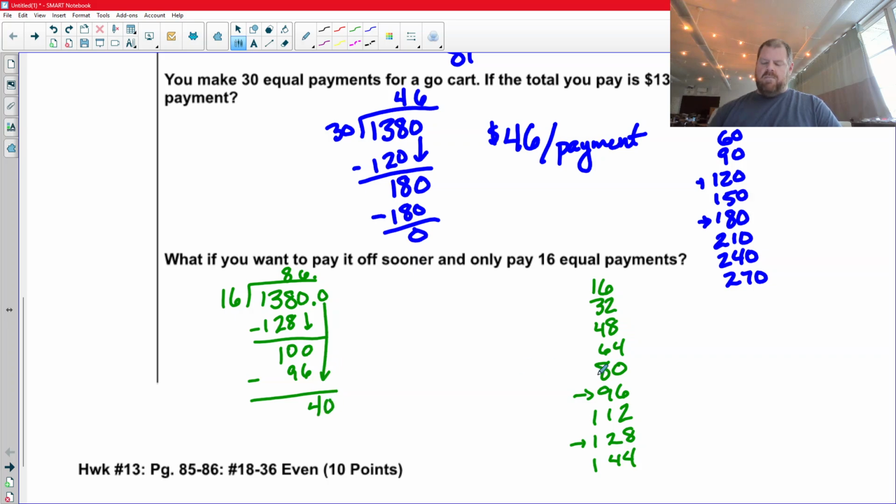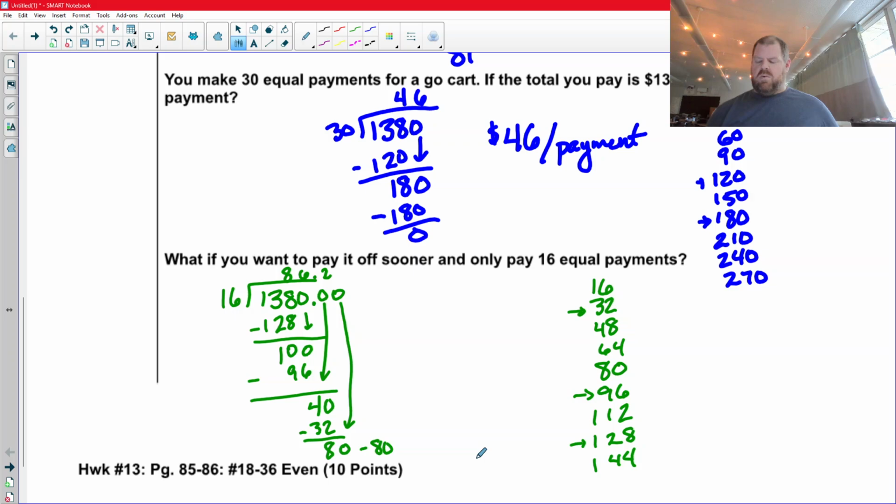Bring that down. Looking for a number smaller than 40. That would be 32. That's the 2nd multiple. And when I subtract those, I get 8. I'll need another 0 because I still have a remainder. And I'm looking for 80. 80 is on my list.